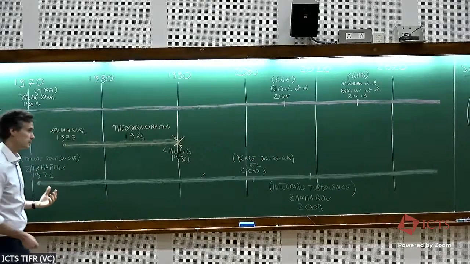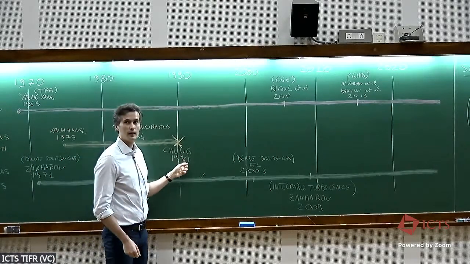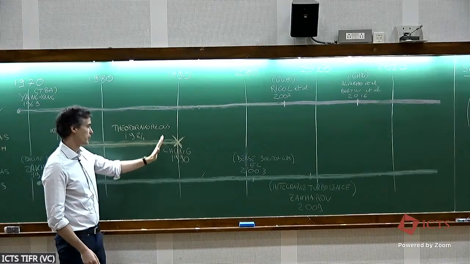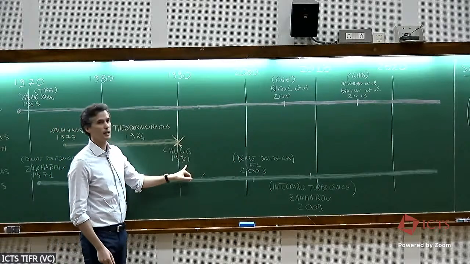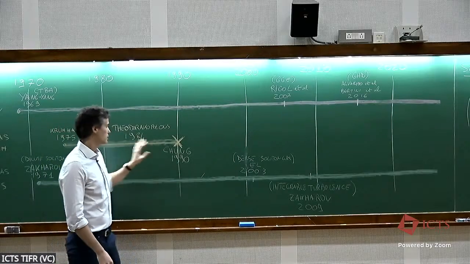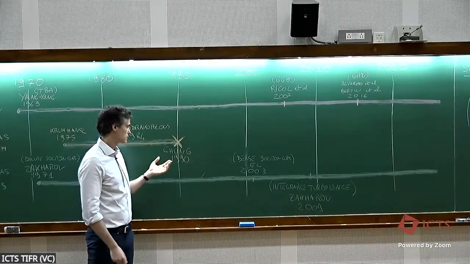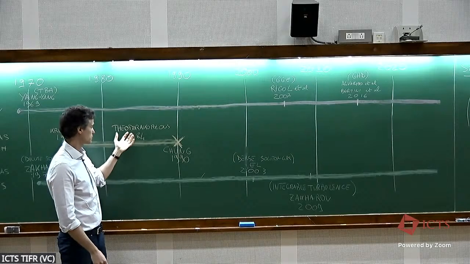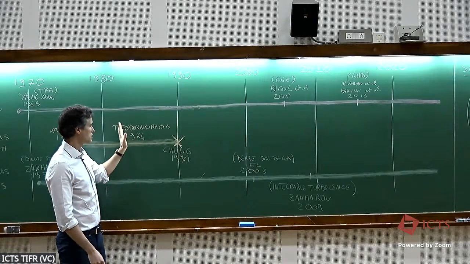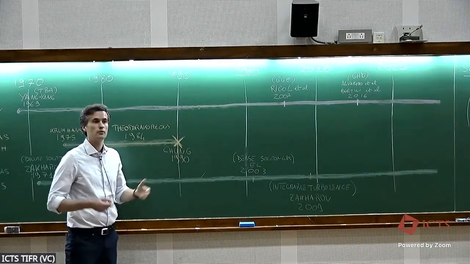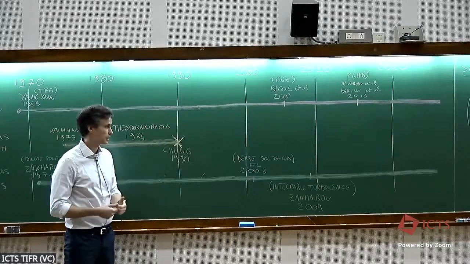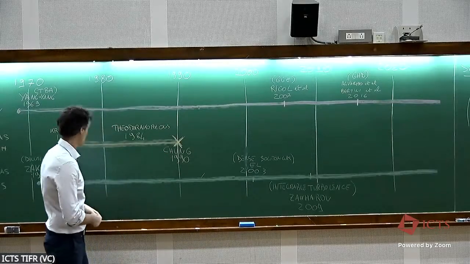It was an ansatz. And then in 1990, okay, there are a lot of papers, I'm just citing the milestone, Chung showed that this ansatz is not correct. So in practice, the Soliton gas statistical mechanics approach to thermodynamics could not work because it didn't match with known limiting cases. We're going to go back to that later.